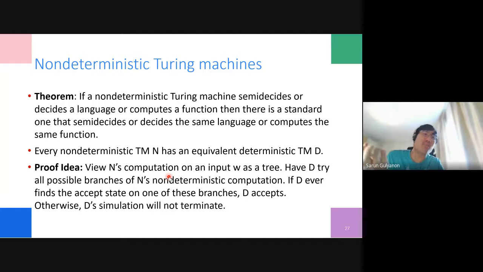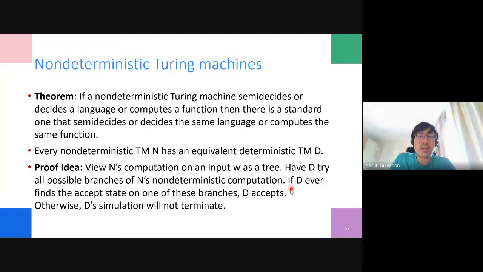So what we have to do is build a deterministic Turing machine that performs that graph search on the non-deterministic Turing machine's computations. Here we will use breadth-first search.